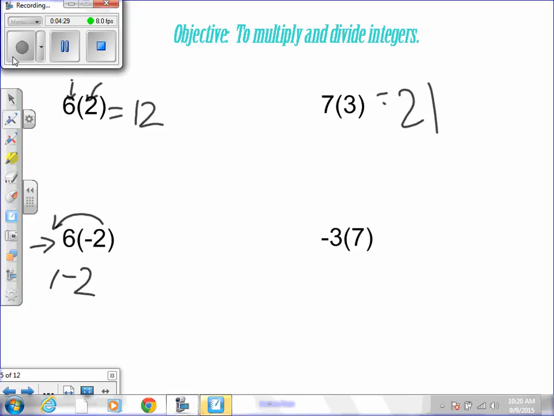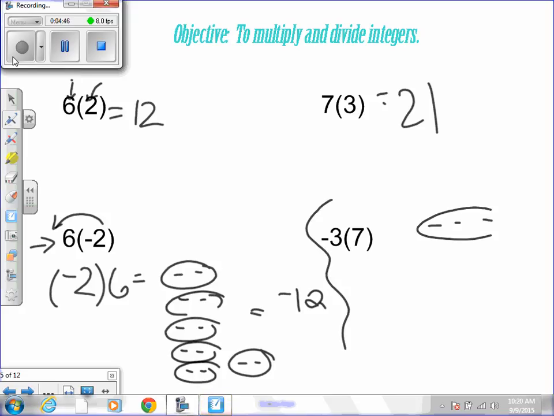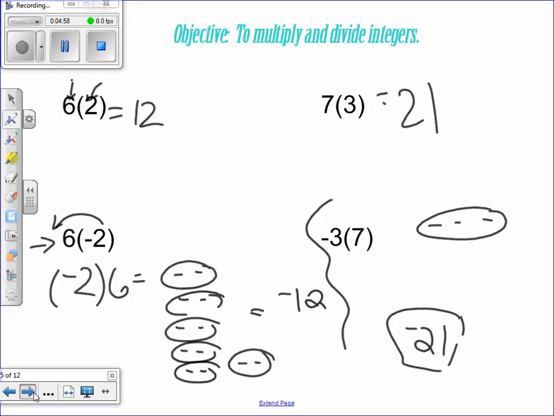Negative 2 6 times, I get that. I understand that. I have 2 negatives, and I have them 6 times. In other words, I have 12 negatives. And then this last example over here, 3 negatives, I have them 7 times. So I can use my prior knowledge. I know 3 times 7 is 21. And since I'm taking 3 negatives 7 times, I know I'm going to have a whole lot of negatives. I'm going to have 21 negatives.